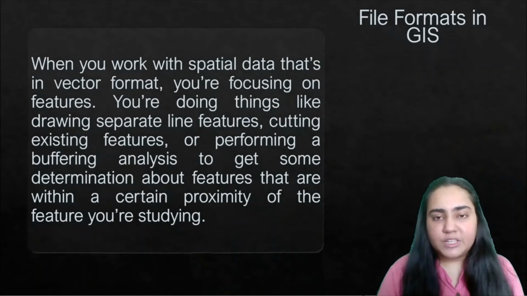When you work with spatial data that's in vector format, you're focusing on features. You're doing things like drawing separate line features, cutting existing features, or performing a buffering analysis to get some determination about features that are within a certain proximity of the feature you're studying.